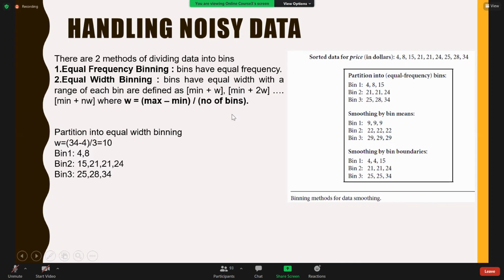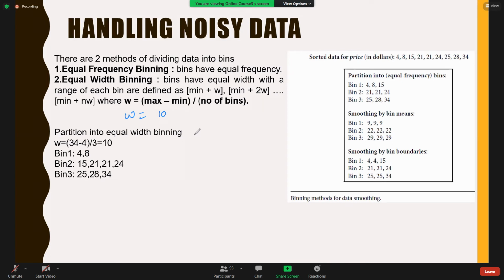The boundary will be minimum plus width, that is 10 plus 4, which is 14. So W is maximum minus minimum divided by the number of bins. So the width is set to 10.